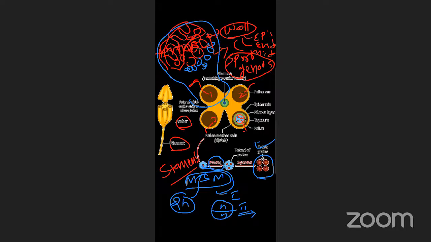After formation, the two haploid cells again divide in another meiotic division. So the 2 becomes 4.